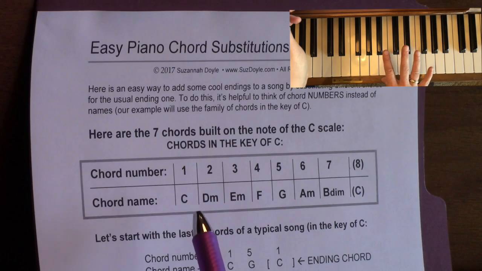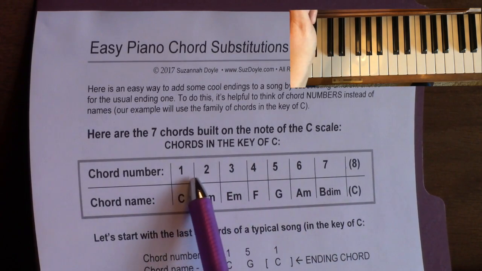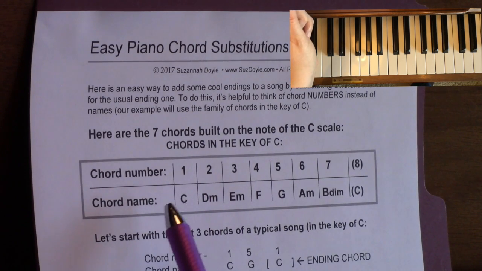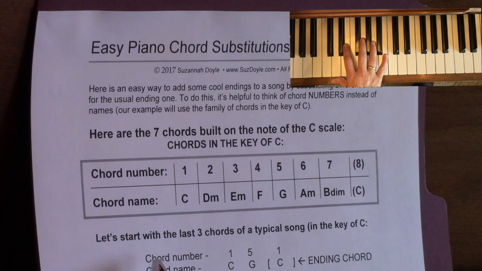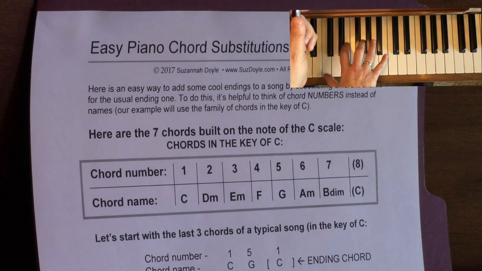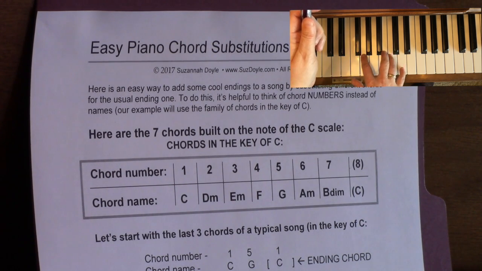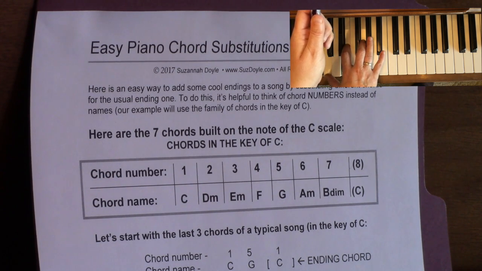Whatever key you're in, these substitutions will work well if you look at what chord number is being substituted. The song we're going to use is a really easy folk song called I'll Fly Away. The last 3 chords of a typical song like that are the 1 chord, C, the G chord, fly, and it usually ends on the C chord, away.